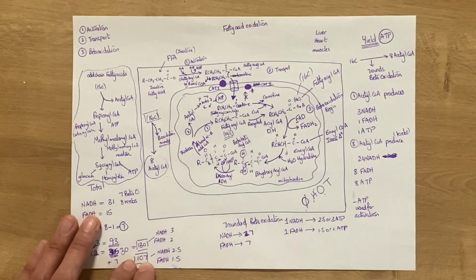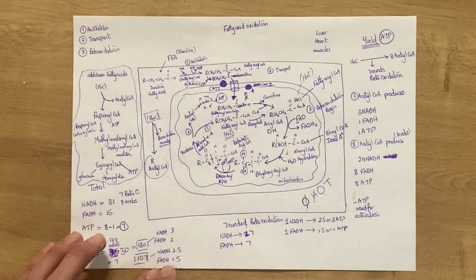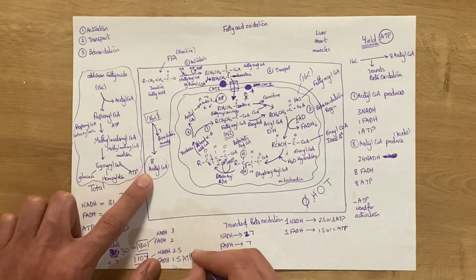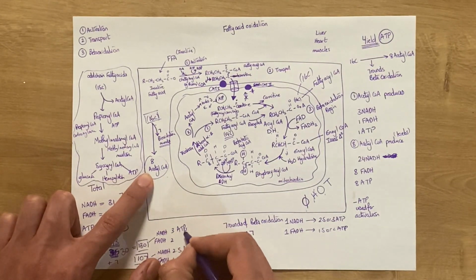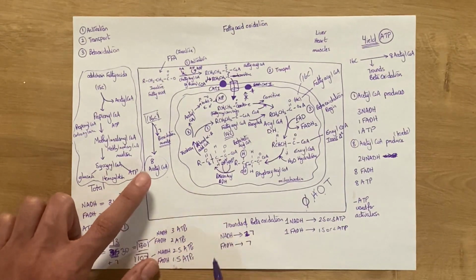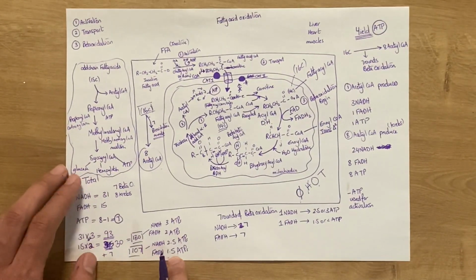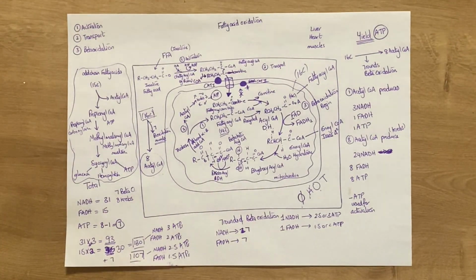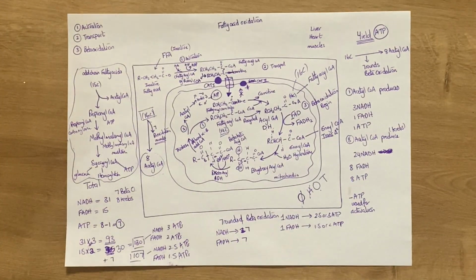If you're looking at specific literature, they may tell you 2.5 is the value of NADH and 1.5 is the value of FADH2. So these are ATPs, remember. If you're using those, then the number would be 107. Okay, so this is how you would calculate the yield of fatty acid beta oxidation. Thank you guys for tuning in, and I'll see you guys in the next video.